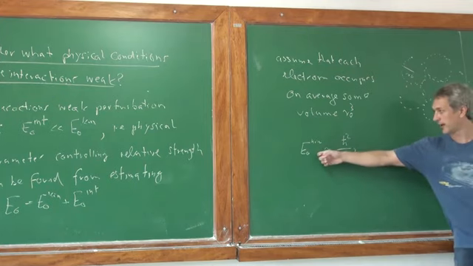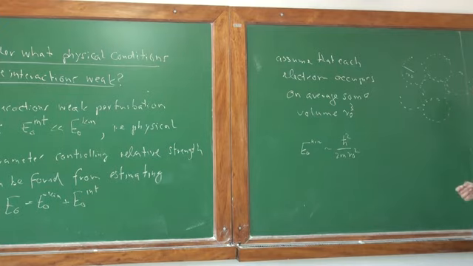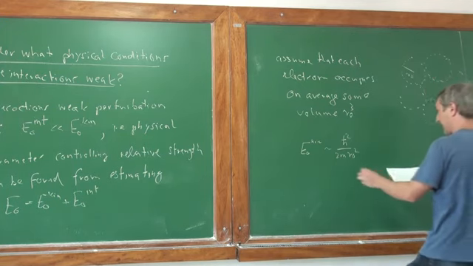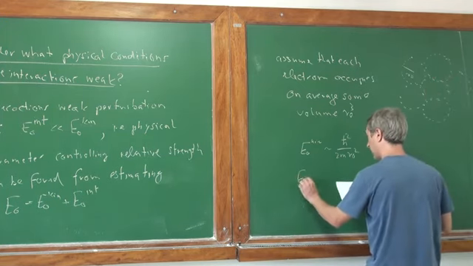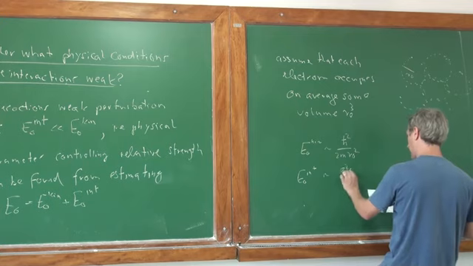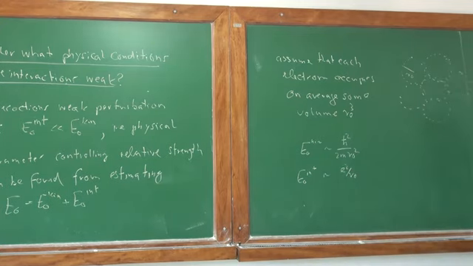So we see that the kinetic energy becomes larger and larger the smaller the radius is, okay? On the other hand, the interaction is just given by e squared over r0, okay? So now, just from this simple estimate, we can compare the two contributions.